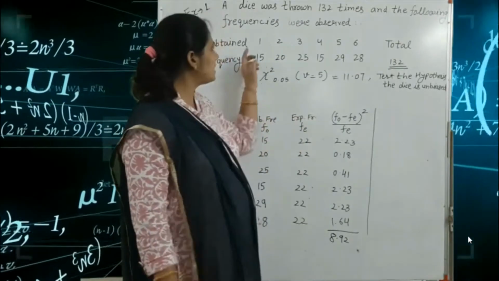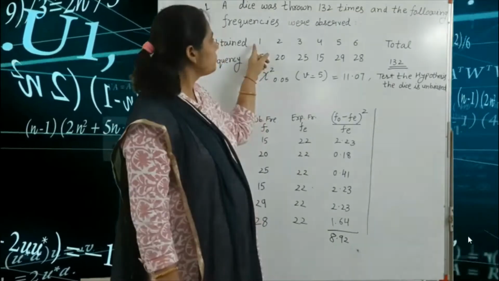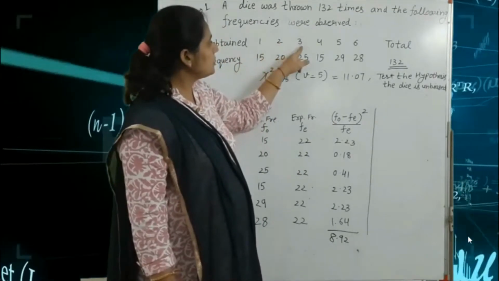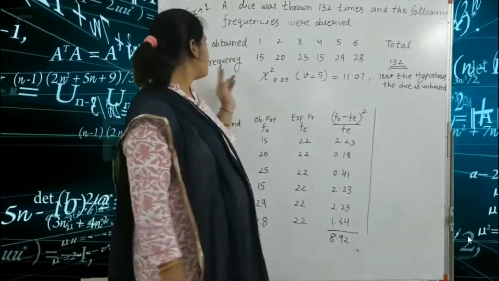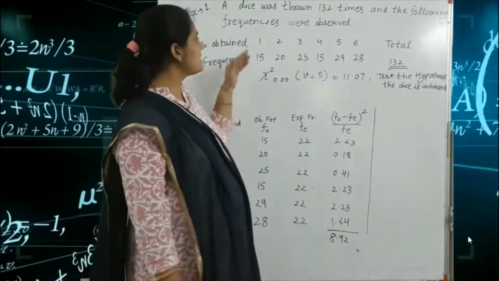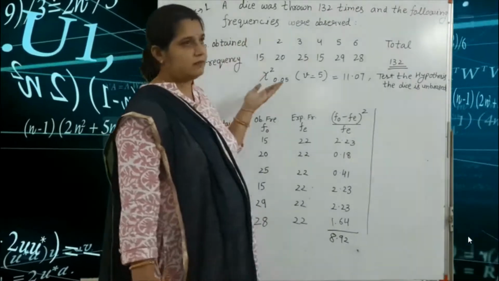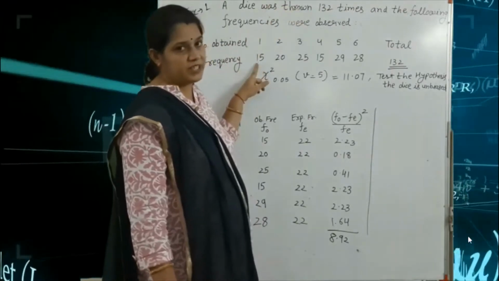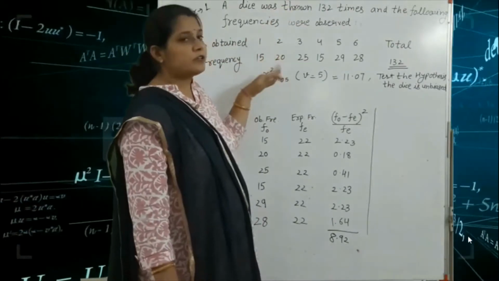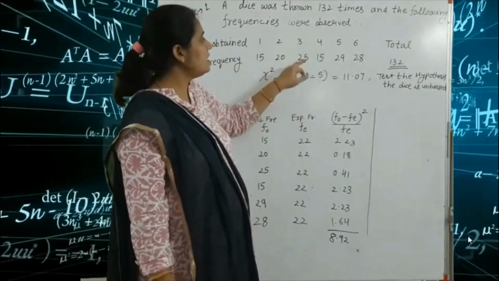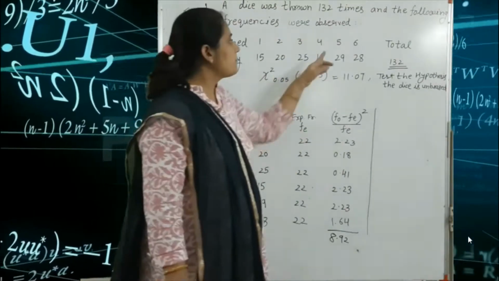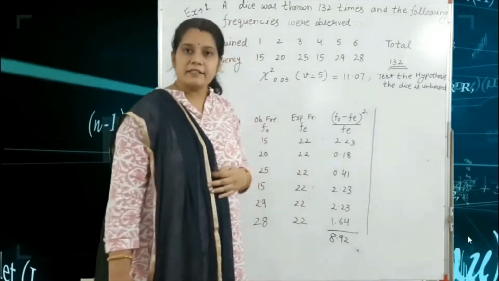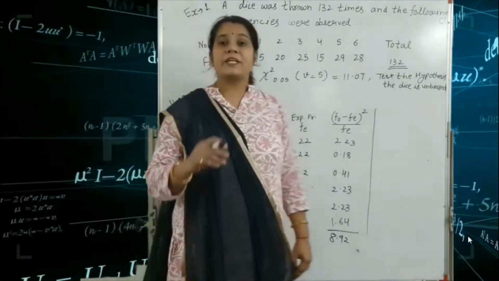Here we are given 1, 2, 3, 4, 5 and 6. The frequencies are: getting 1 on the die is 15 times, 2 is 20 times, 3 is 25 times, 4 is 15 times, 5 is 29 times and 6 is 28 times.